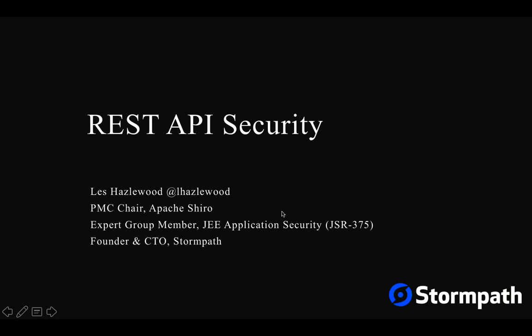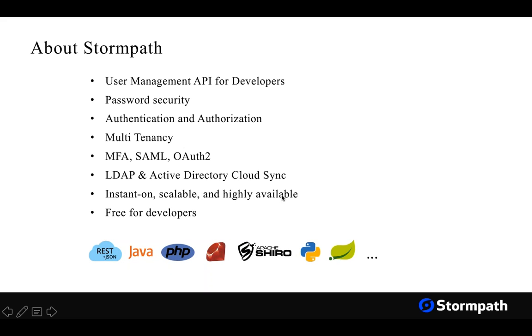Before we start, if you haven't heard of us or Stormpath before, I just wanted to explain what we are, so you understand what we do and why we're talking about REST API security today. Stormpath is a user management API service for developers. We're specifically targeted at solving all the identity management problems that you have to build in your applications that you deploy for your customers or on the internet.